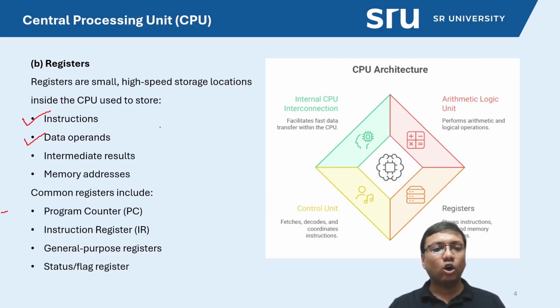Then there are intermediate results. When the CPU is performing some operation, in different steps it produces some results, and sometimes we need to keep track of or store these results in the middle of the process. These are called intermediate results.